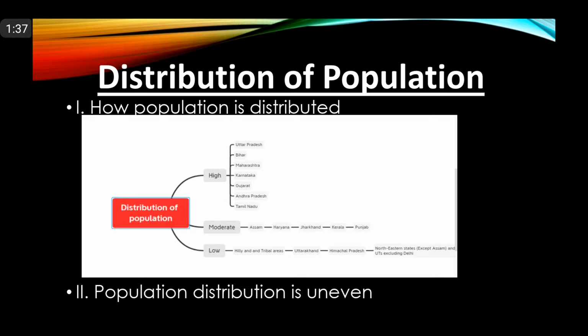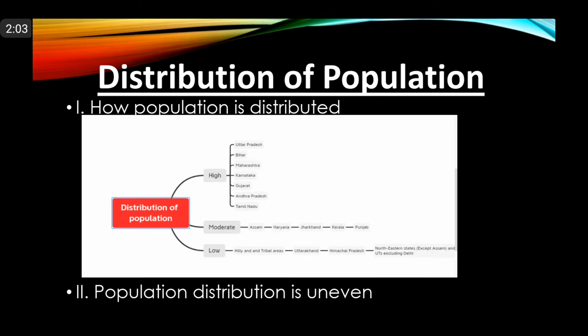Okay. Now, how is the population distributed? Population is distributed in our country unevenly. Okay. But why is it so? There is one question: why is the population unevenly distributed? What are the factors which influence the distribution of population?